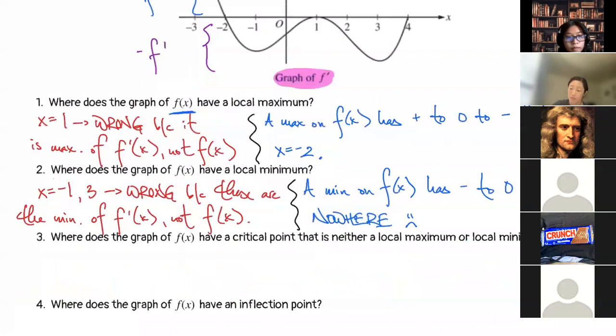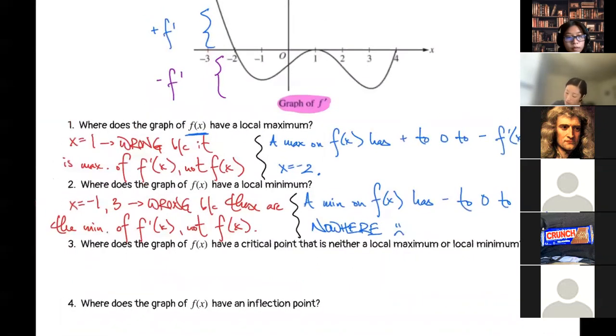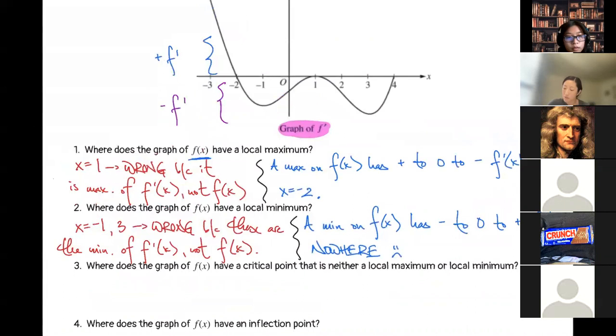Right? It does, however, have some critical points that are neither a maximum or a minimum. Where might those be, and how do we know? 1 and 4. Good.